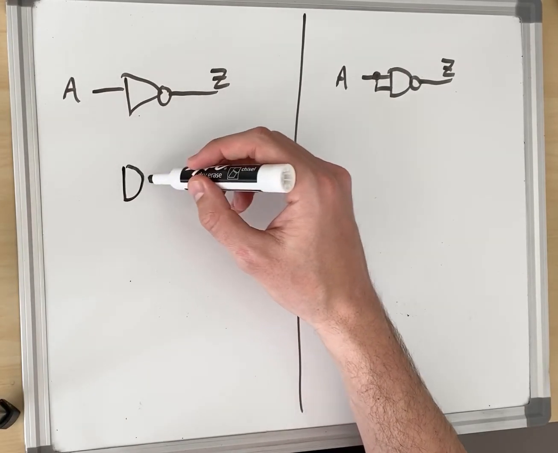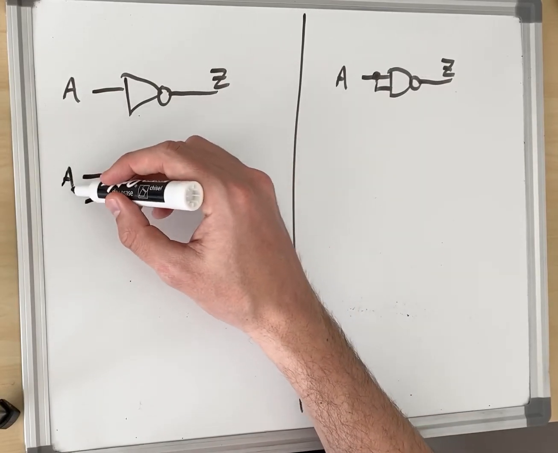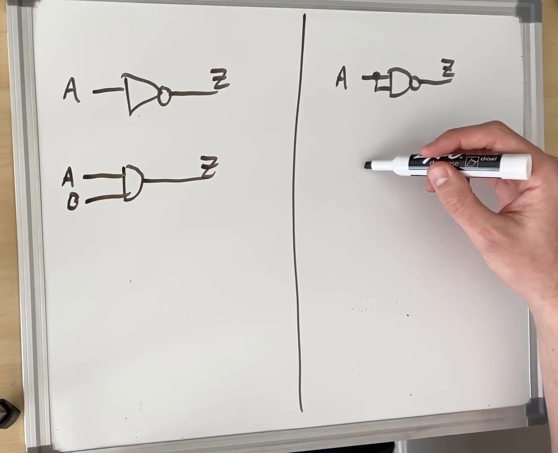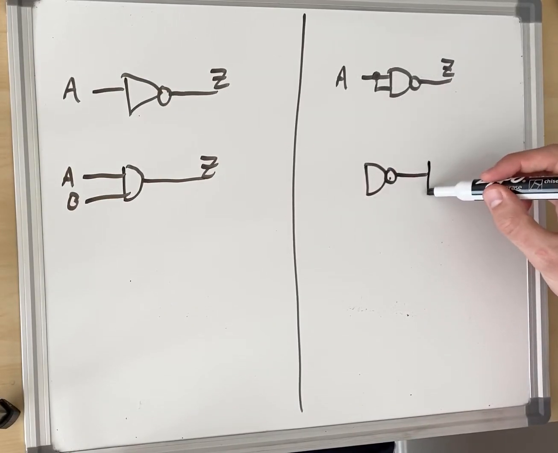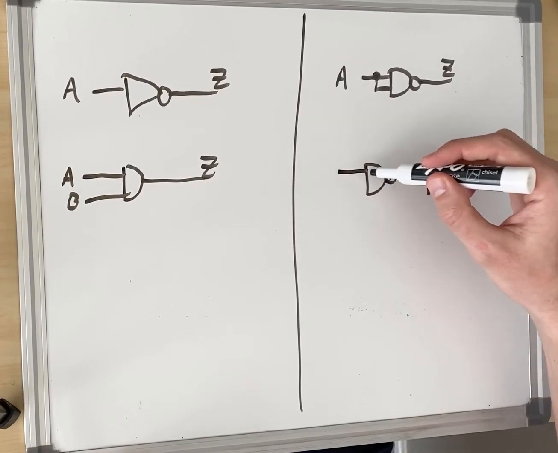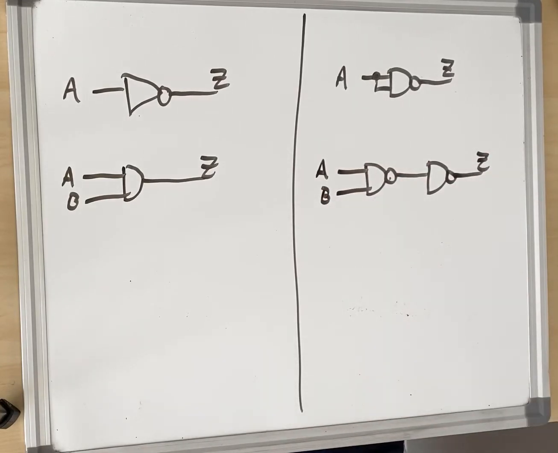AND gates, we know, have two inputs, A, B. And what this looks like would be just two NAND gates. And again, we have A and B coming in.